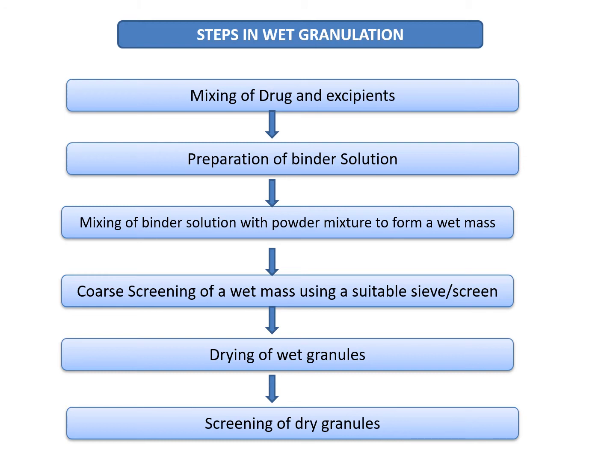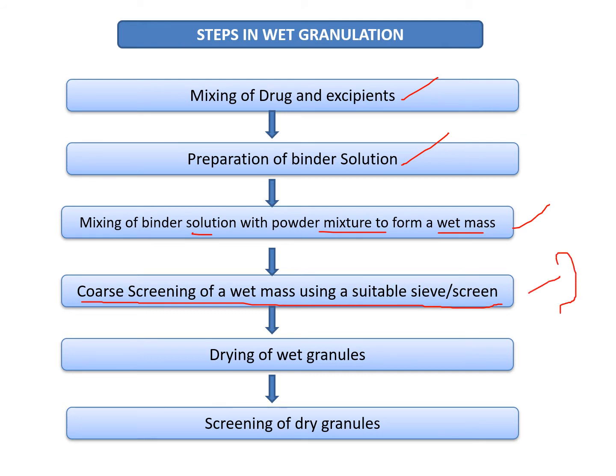Now these are the steps in the wet granulation process. First, we have to mix the drug and the excipients. Then we prepare a binder solution, and mix that binder solution with the powder mixture to get a wet mass. Then comes coarse screening of the wet mass using a suitable sieve or screen.